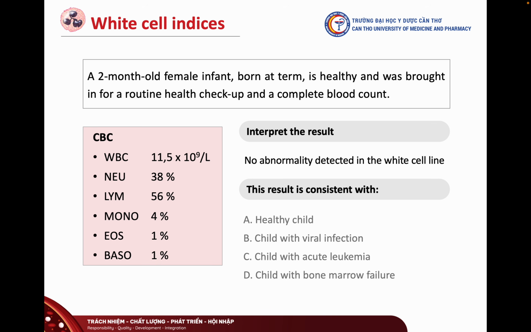This CBC is entirely consistent with a healthy child, not infection, not leukemia, not marrow failure. And that is a great reminder: always interpret CBC results in the context of the patient's age, especially in pediatrics. So now tell me, would you be worried if this was your patient?